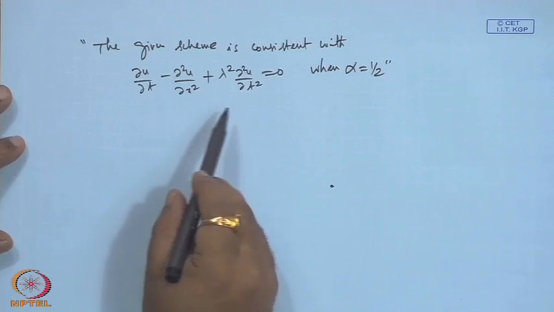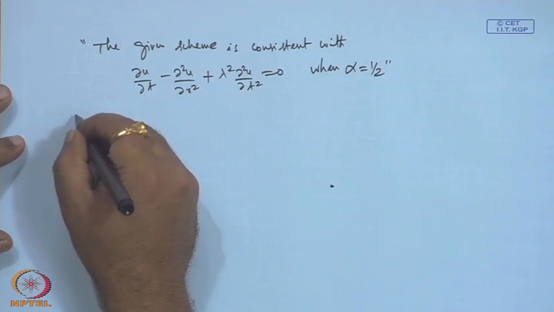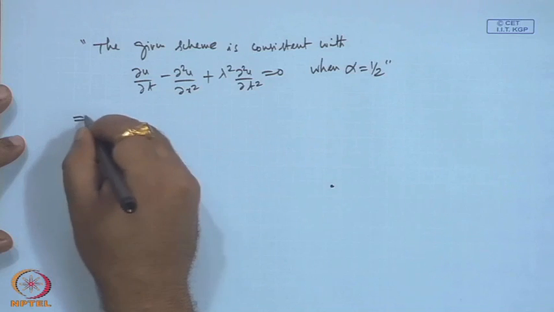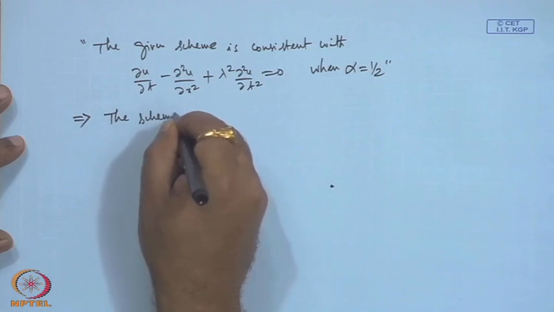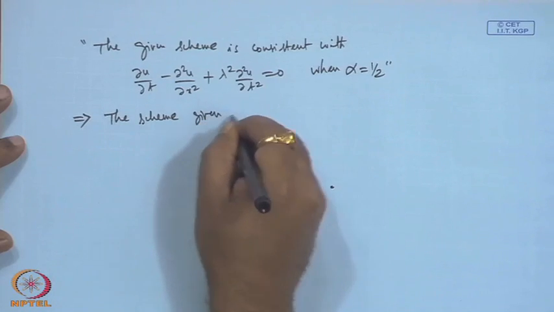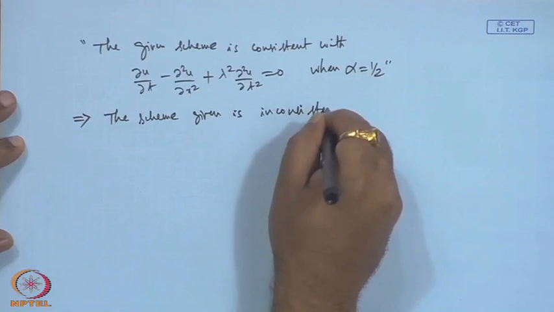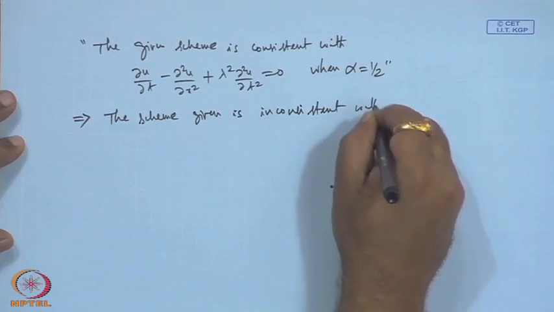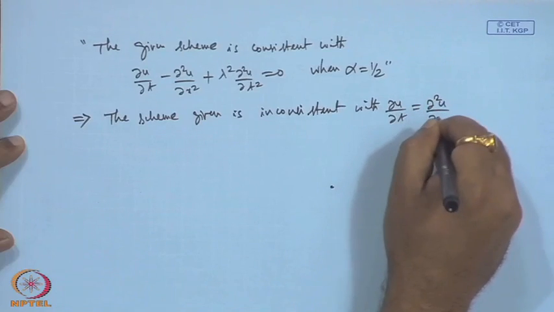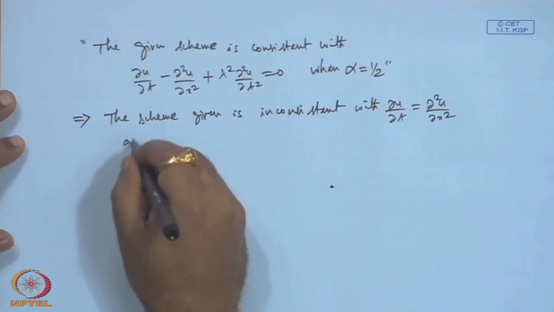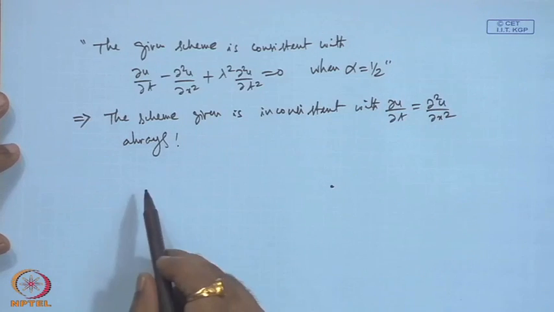Okay. So, this implies the scheme given is inconsistent with, this is our given equation, always, because this is the given equation.